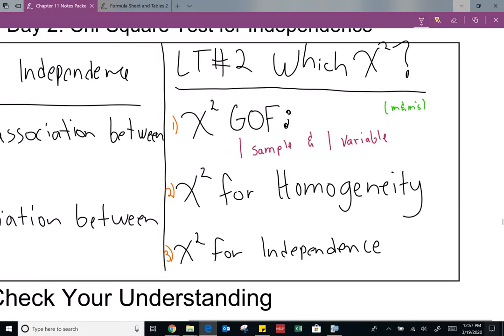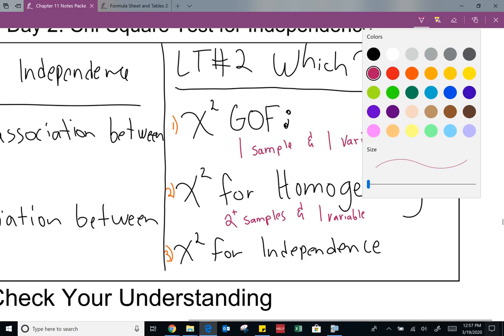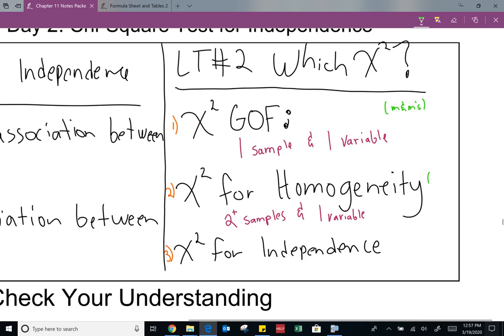For chi-square test for homogeneity, this could be 2 samples or more, so 2 samples plus, and again just one variable. The example that we did with this would have been the gummy bear brands.